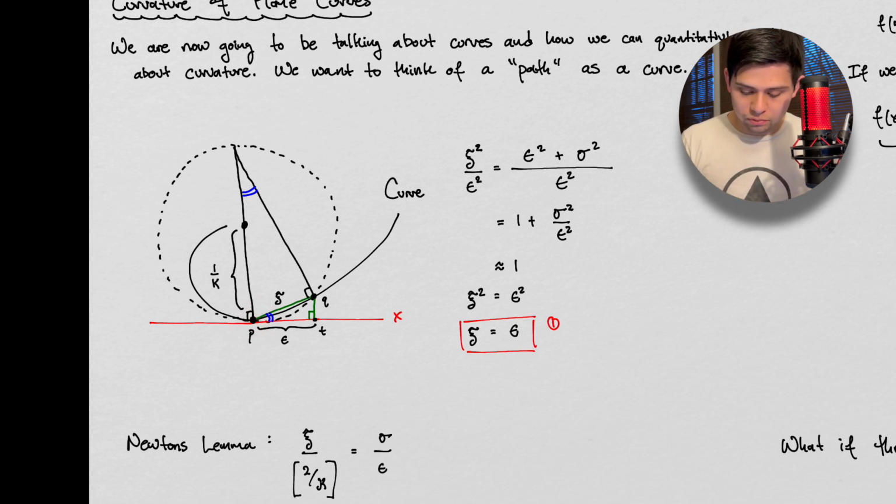A few things we want to note here is the distance here and the distance here. We're going to take the square of those, this over this, and see what the relationship is between this value and this value. By the Pythagorean theorem, this squared plus this squared equals this squared, we get this.